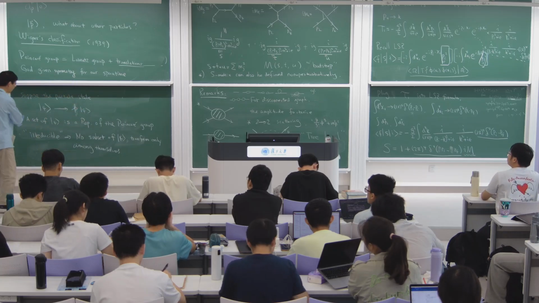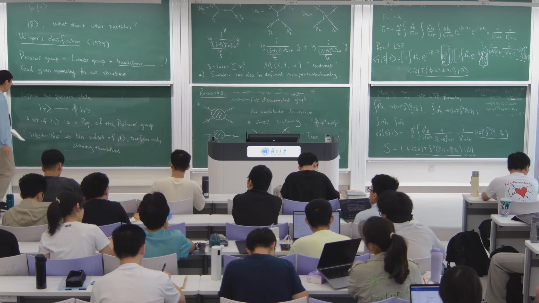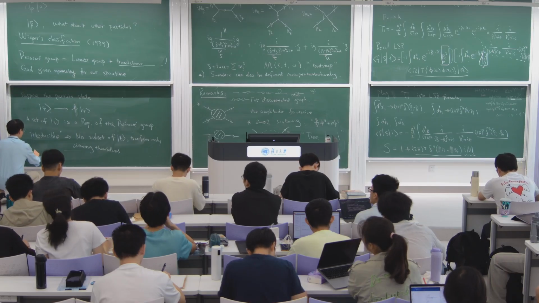So now we understand what is irreducible. The next thing we have to understand is something called unitarity.